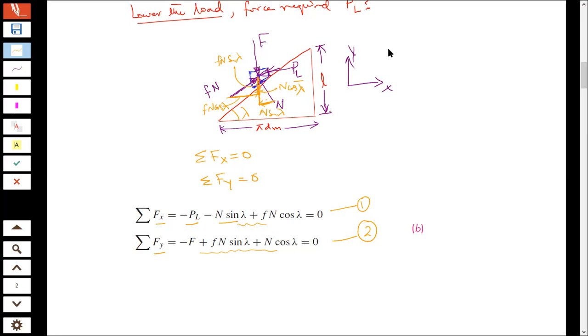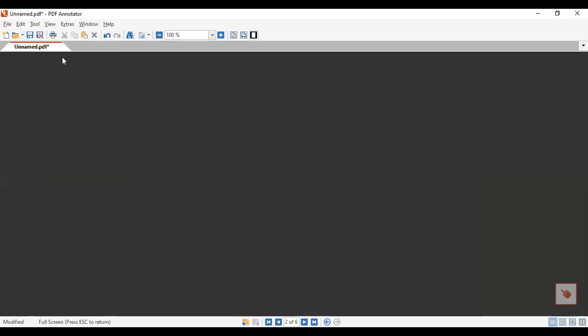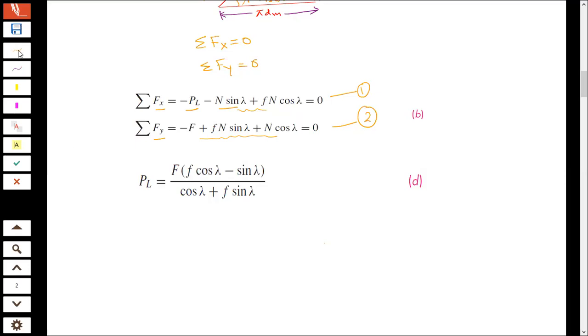If I follow the same procedure and calculate the value of N, then from 1 and 2 I can find the force required to lower the load, PL, which will be equal to F times (f cos of lambda minus sine of lambda) over (cos of lambda plus f sine of lambda).